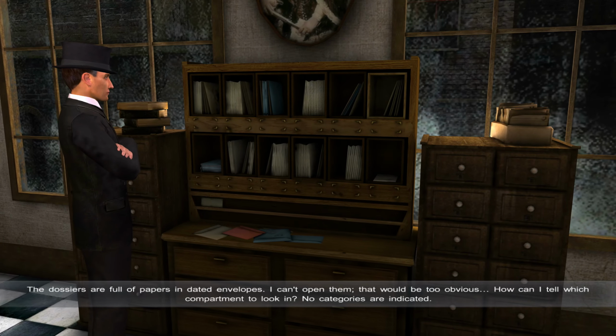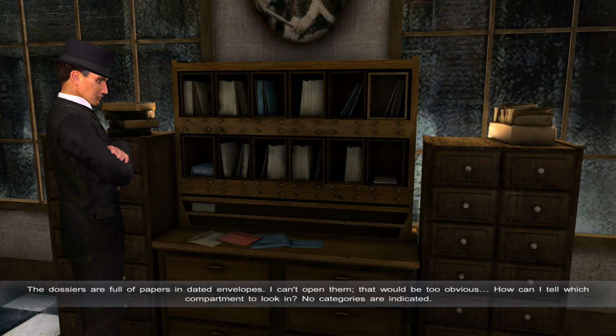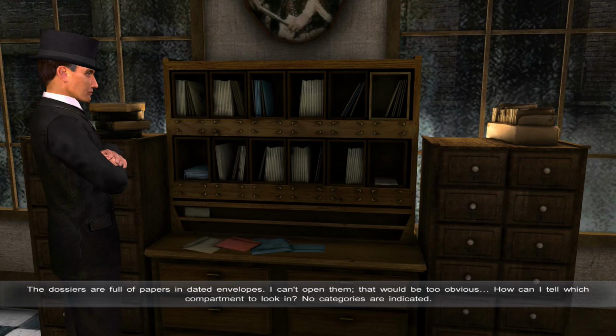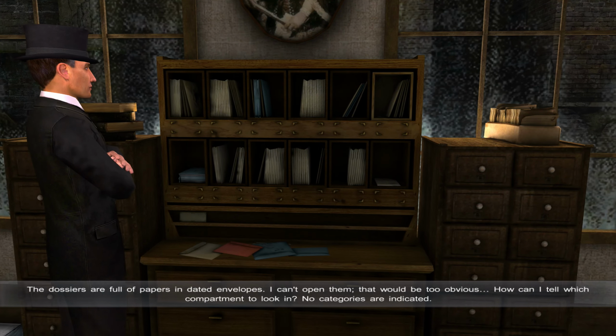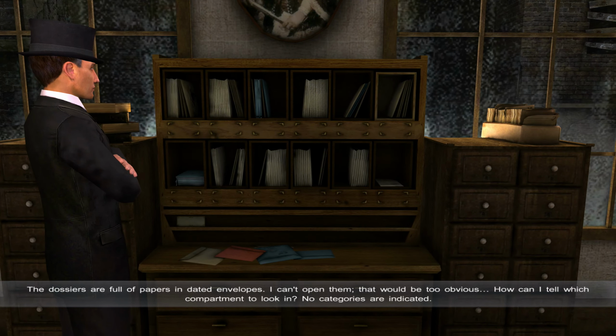The dossiers are full of papers in dated envelopes. I can't open them. That would be too obvious. How can I tell which compartment to look in? No categories are indicated.